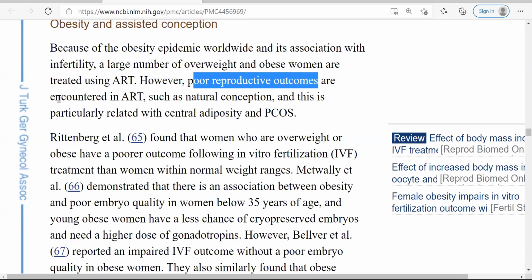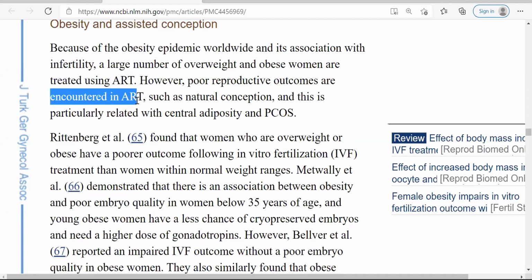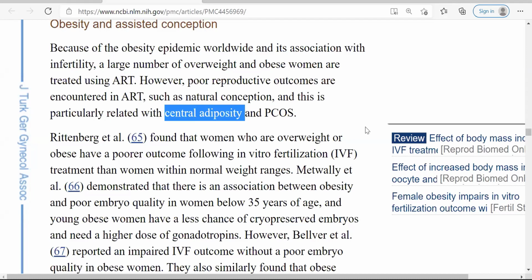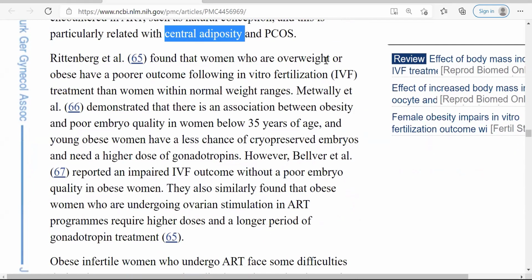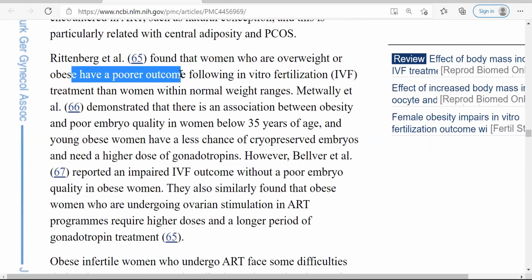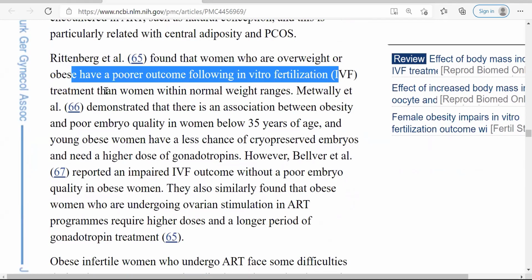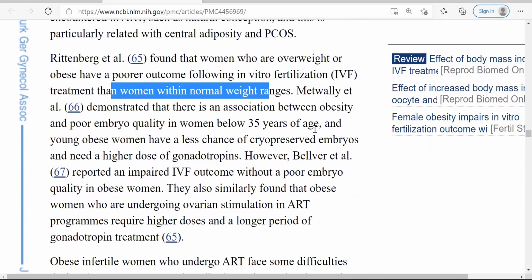However, poor reproductive outcomes are encountered in ART. This is particularly related to central adiposity or PCOS. Women who are overweight or obese have a poor outcome following IVF compared with women of normal weight.